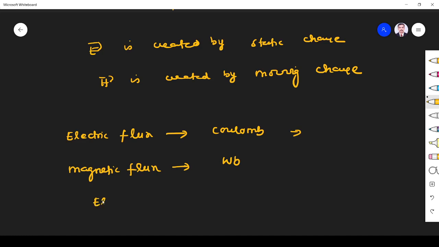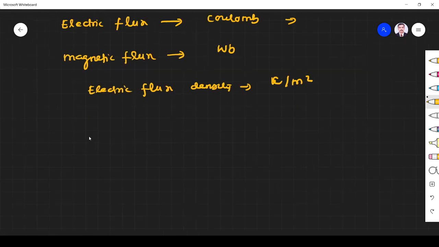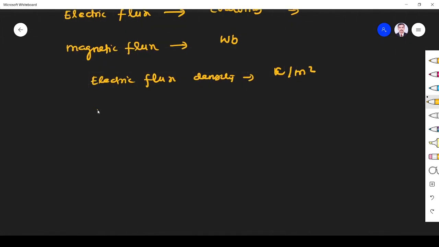Electric flux density is given by Coulomb per meter square. Fine. Okay. Next, magnetic flux density. We know it is Weber per meter square or Tesla.